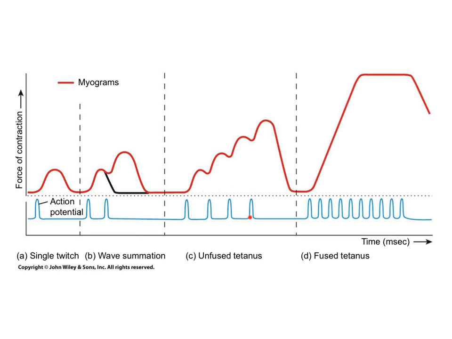The next one is unfused tetanus. This is where the muscle can partially relax between stimuli. So what's going to happen here is that the action potentials are coming pretty consistently, but they're coming with enough space in between them that the muscle can partially relax. So what happens is a contraction happens.